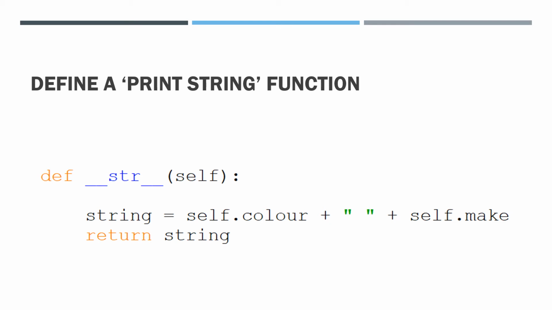So I've just decided that it'll be the colour and a space and the make of the car, like pink Rolls-Royce. And I've used plus. The plus symbol, remember that when I'm referring to strings, that does concatenation in Python. So I'm concatenating the colour attribute, a space, and the make attribute. And those 3 things concatenated together, that's how I want the computer to print out my car or any other car object.